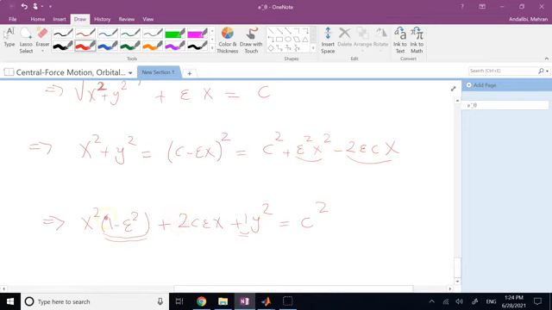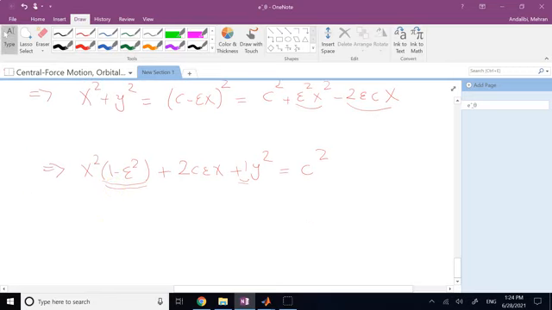If you want, you can basically complete the square on these terms, and you'll definitely see the equation is that of an ellipse. So all you need is to take the square root of this, right?